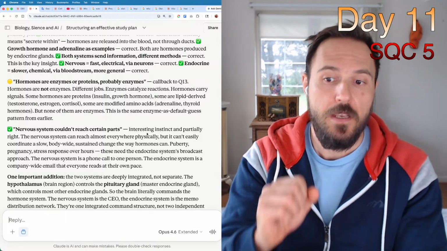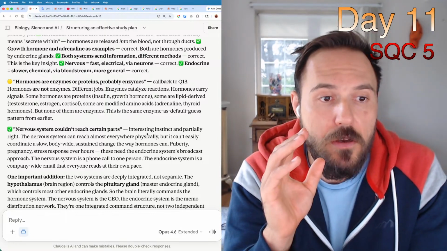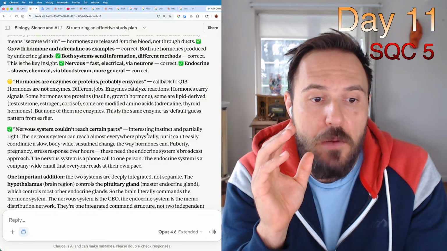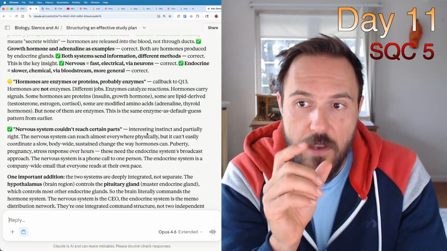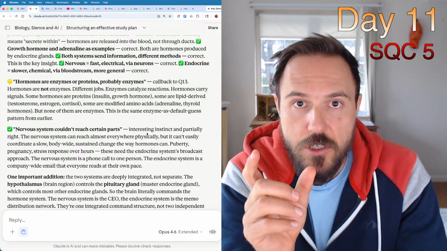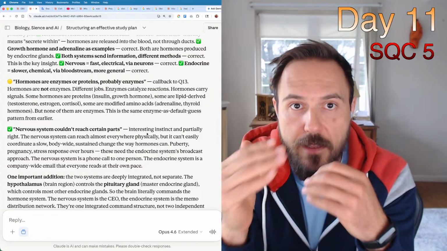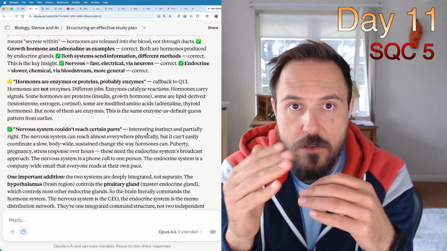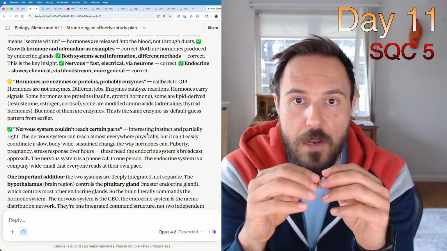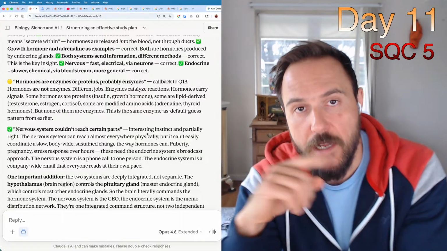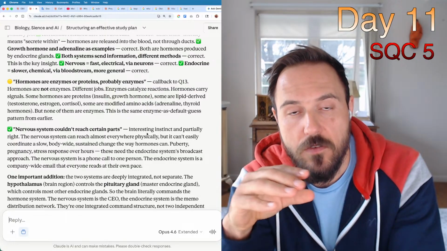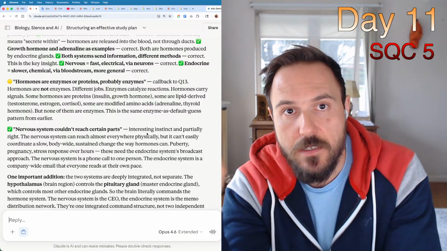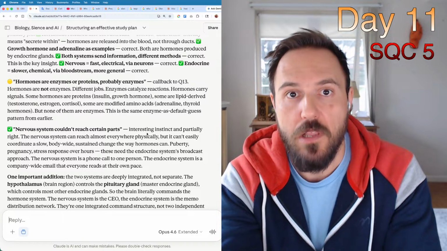I'm guessing right now again. The reason is that communicating through the neurons is way more expensive in terms of energy, because you constantly have to reset that action potential, and the amount of ATP you burn by communicating a signal over neurons is way more expensive than just broadcasting body-wide in the bloodstream.